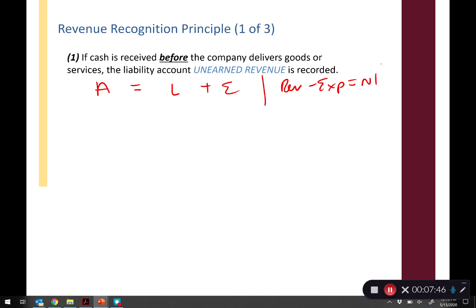What happened is cash goes up, and then our unearned revenue liability goes up because we owe them food.